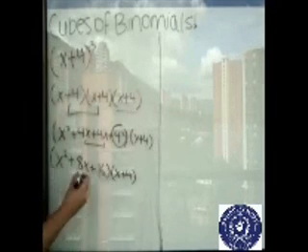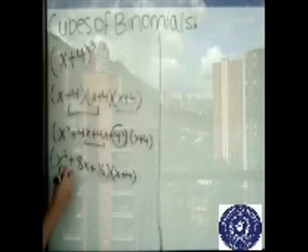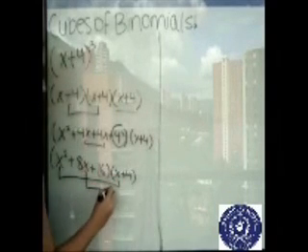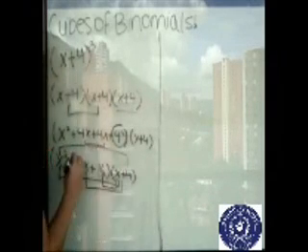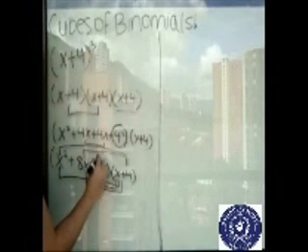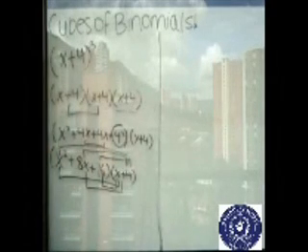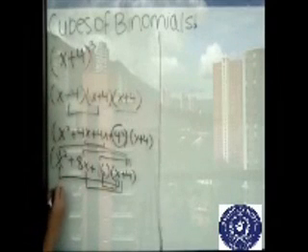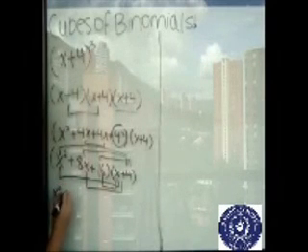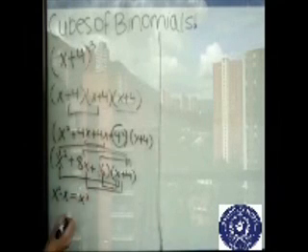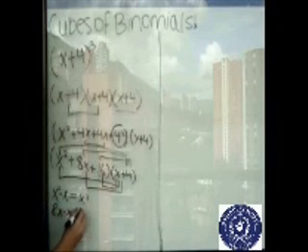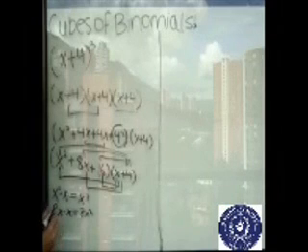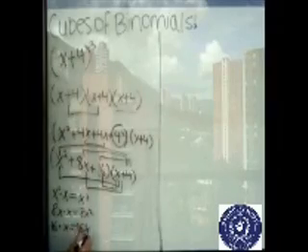Now we are going to solve all of this. So x squared times x, 8x times x, 16 times x. X squared times 4, 8x times 4, 16 times 4. This will be like this. X squared times x equals x cubed. 8x times x equals 8x squared. 16 times x equals 16x.